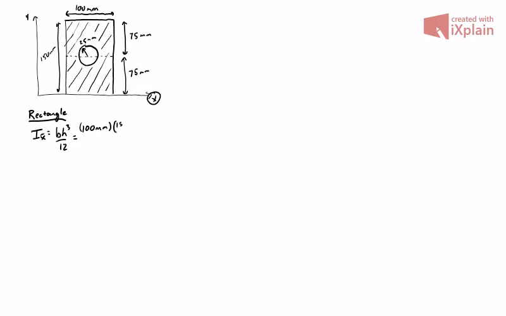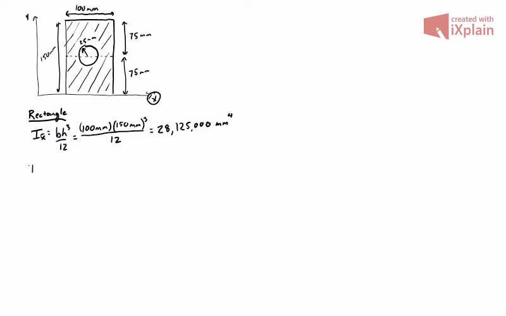The height is going to be the 150 millimeters that runs perpendicular to it, divided by 12. That'll give us the moment of inertia about the centroidal x-axis is 28,125,000 millimeters to the fourth.